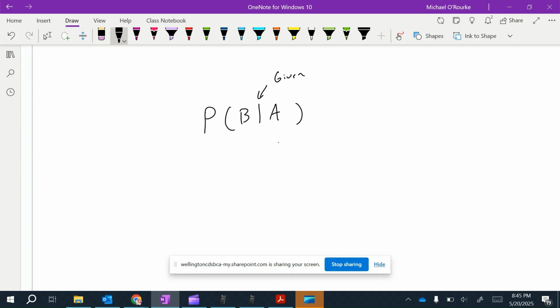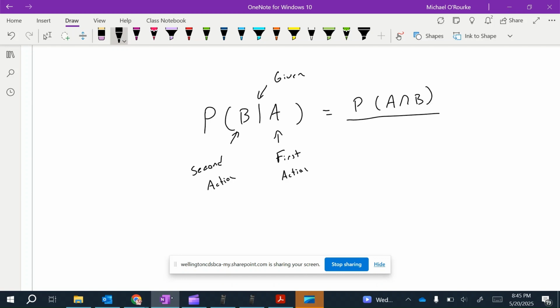This here is the first action, and this here is the second action. So that equals the probability of A and B happening divided by the probability of A happening.